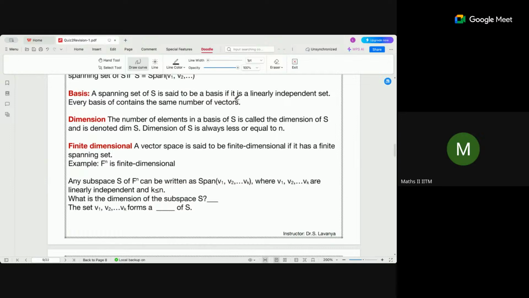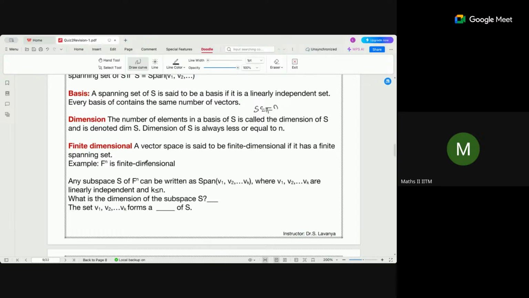Which n are we referring to? Here S is any subspace of Fn, and this n represents this n only. So the dimension of any subspace is less than or equal to n. We cannot have more than n linearly independent vectors in Fn. That's why the dimension is always less than or equal to n.